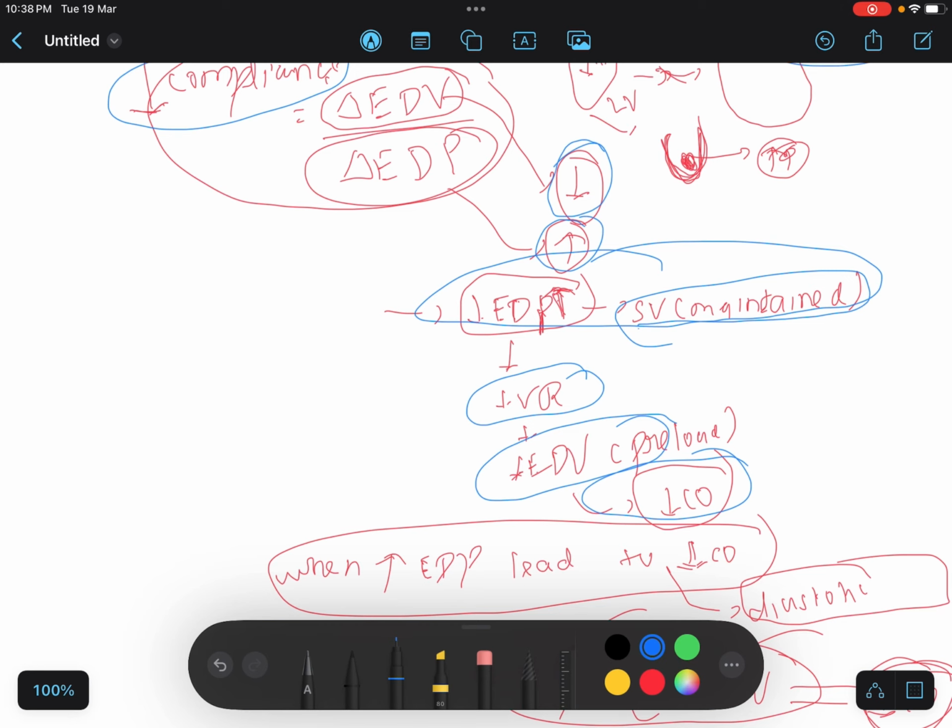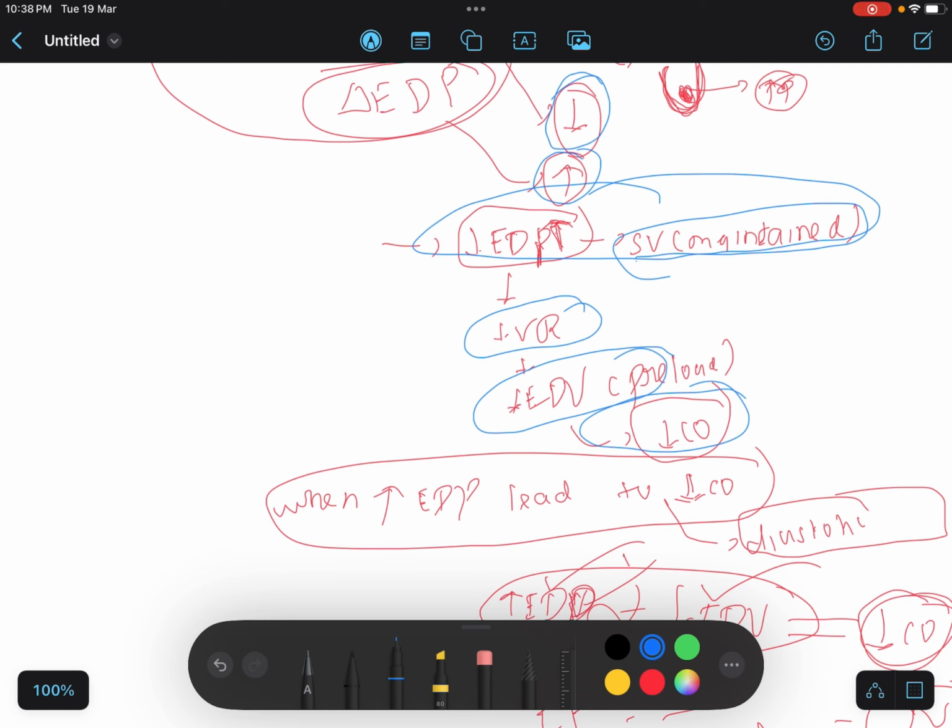So we say diastolic heart failure only when the increased end diastolic pressure leads to decreased cardiac output. If the end diastolic pressure leads to normal cardiac output, it is not diastolic heart failure. Only when end diastolic pressure leads to decreased cardiac output is it diastolic heart failure.